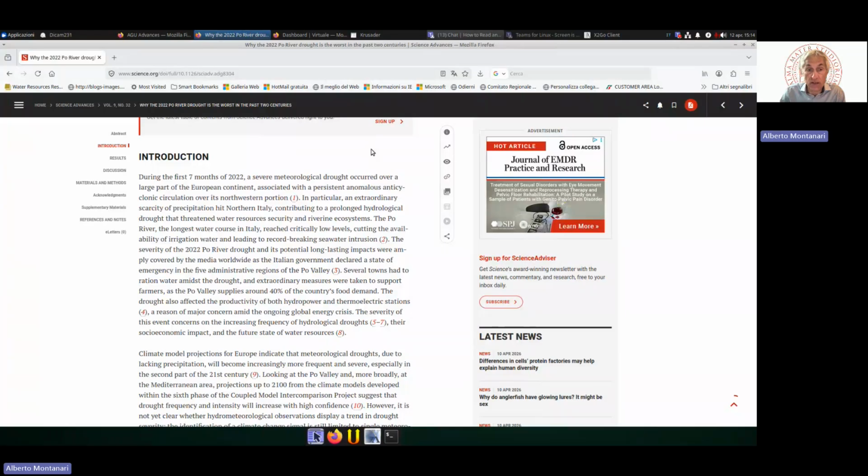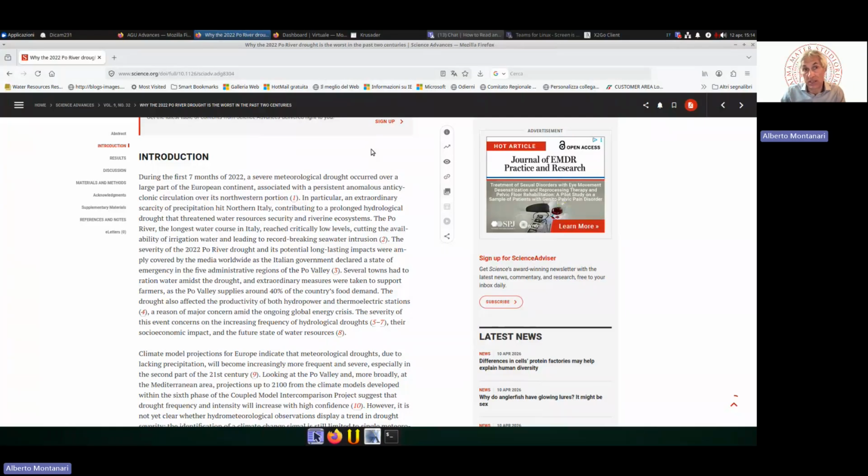And in fact, it is specified in the second sentence that in particular in northern Italy, an extraordinary scarcity of precipitation occurred, contributing to triggering a drought event that has provoked very significant consequences.